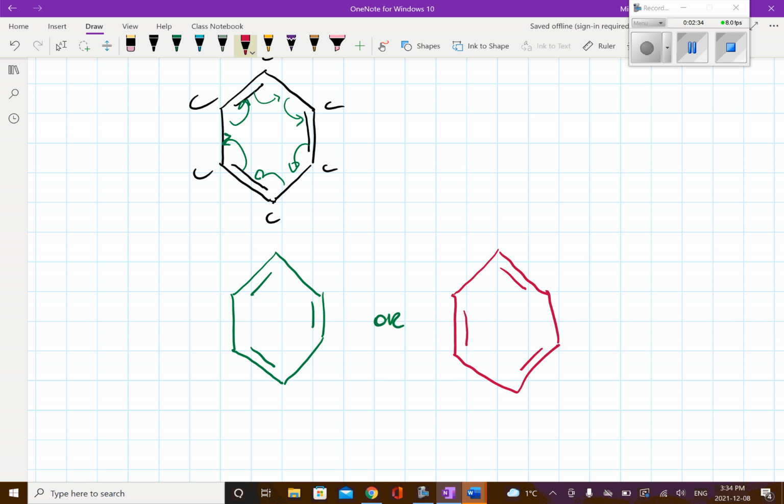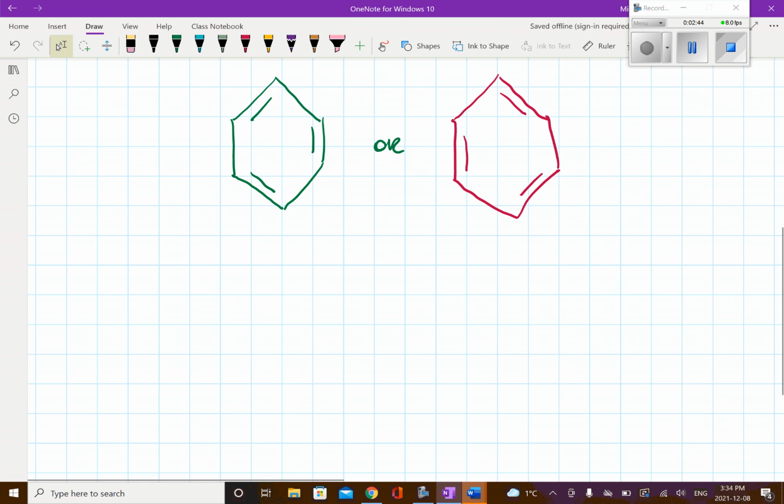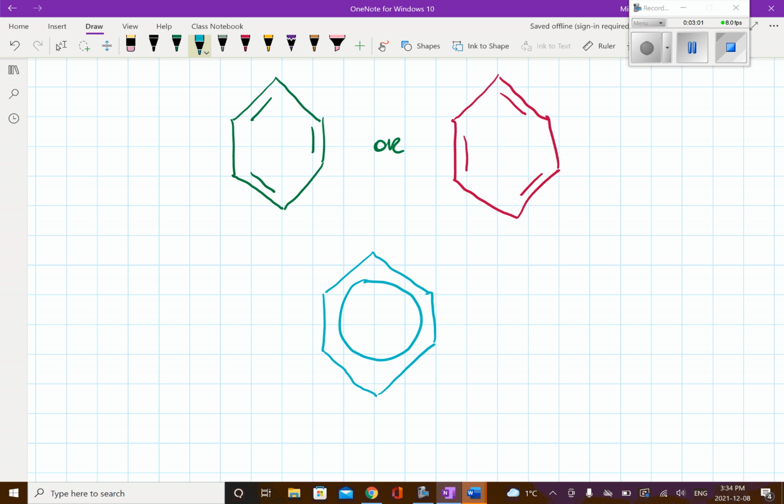Okay, so in order to represent this possibility of the double bonds in the structure of benzene, we represent it as a hexagon with a circle in the middle, indicating that the double bonds are moving from one bond to the other.